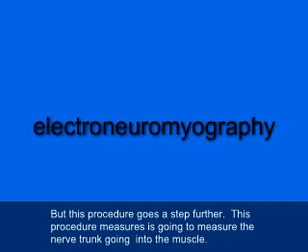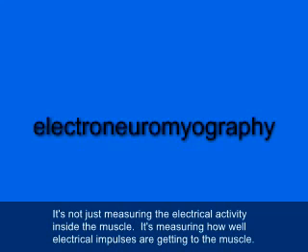This procedure is going to measure the function of the nerve trunk going into the muscle. It's not just measuring the electrical activity inside the muscle, it's measuring how well electrical impulses are getting to the muscle.